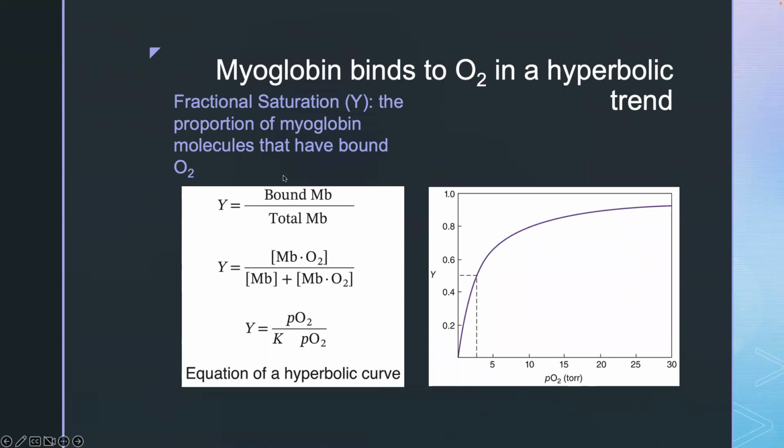So bound over total. And so this gives us the equation of a hyperbolic curve. And so when we're talking about saturation, you have full saturation to nothing bound, and then you have your oxygen. As we increase the amount of oxygen, you can see that you end up having more oxygen bound or more saturation.